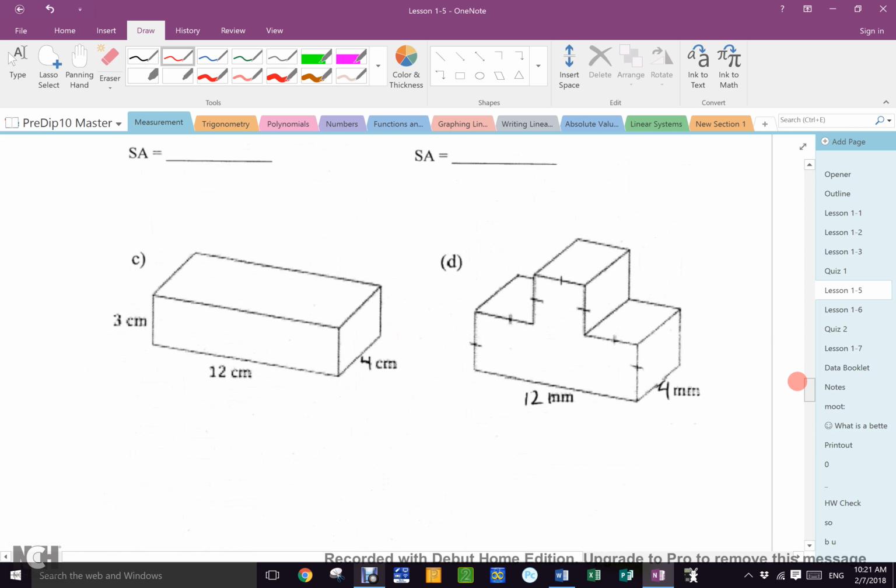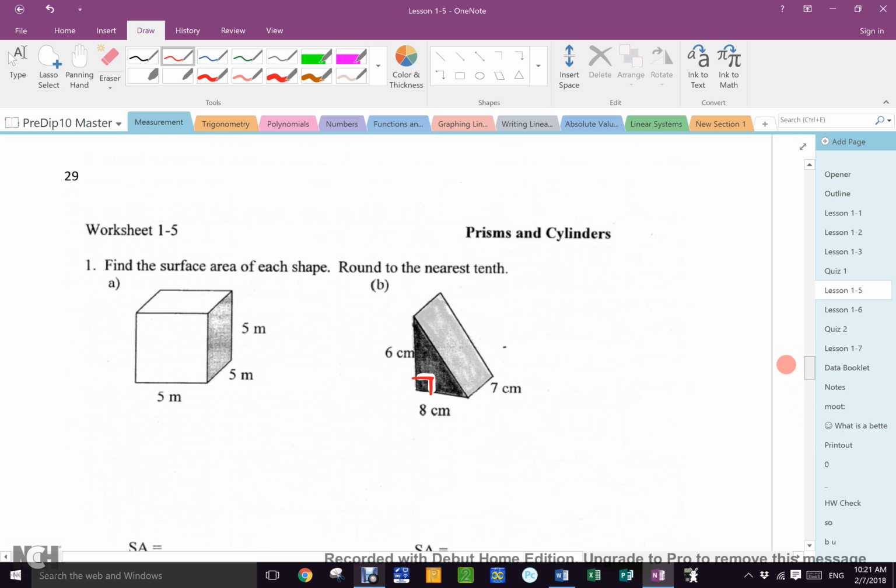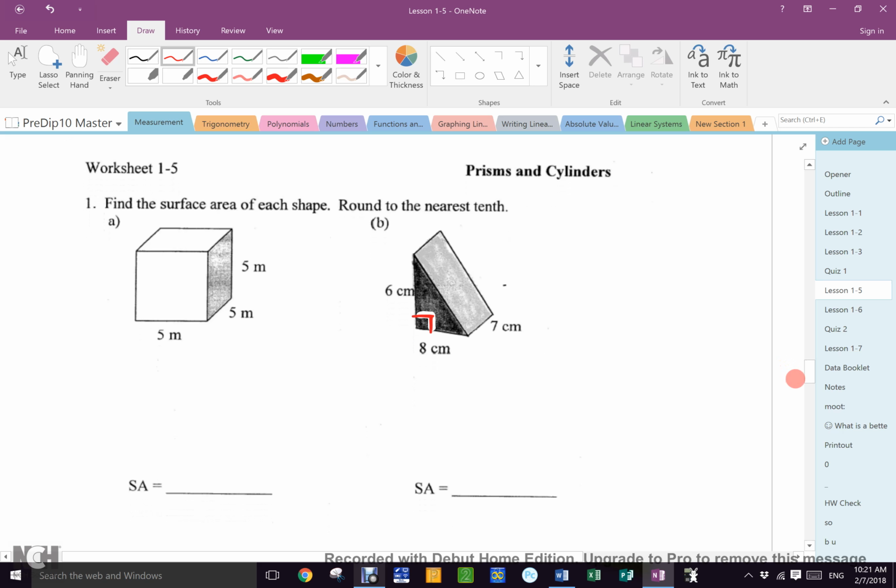Go. I'll be walking around and offering assistance as is needed. In about 10 minutes, I would like to talk about just the first page. Okay? Everybody good? Yes, of course.